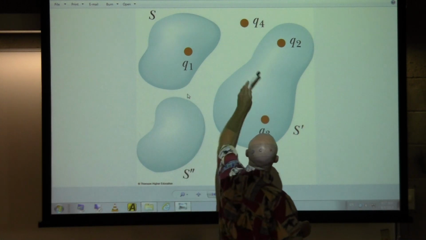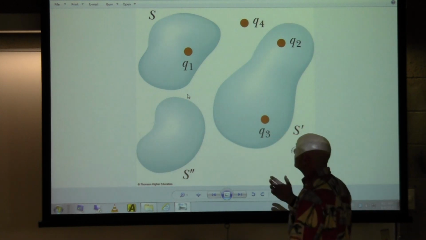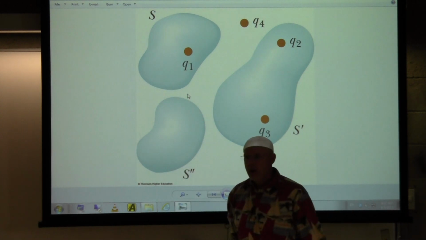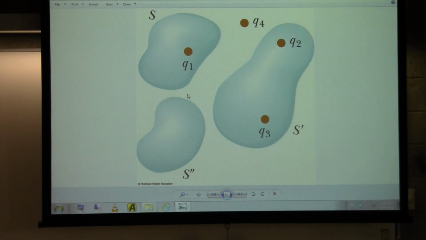You have 1, 2, 3, and 4 charges. And if you look at this surface, say this first surface S, would there be a non-zero or zero flux for that one? Yeah, it would be non-zero because we have something inside of it, right?